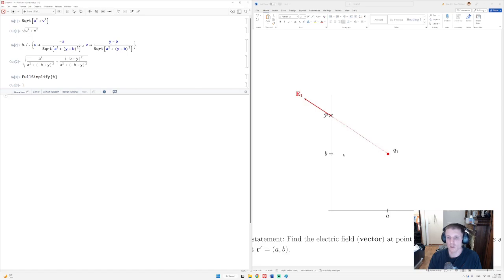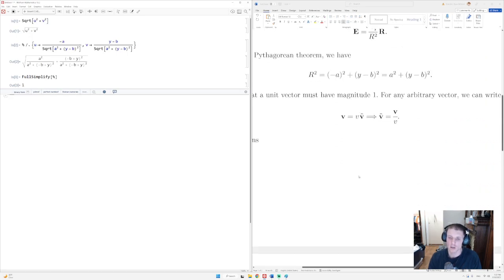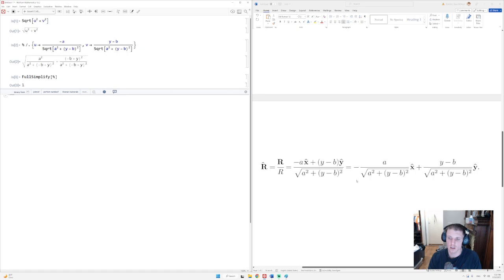Imagine there's a horizontal line here. What is the angle that the electric field vector makes with that horizontal line? That's perfectly fine, but this is better in some ways, even though it might not look better, and it's something you should be comfortable doing.